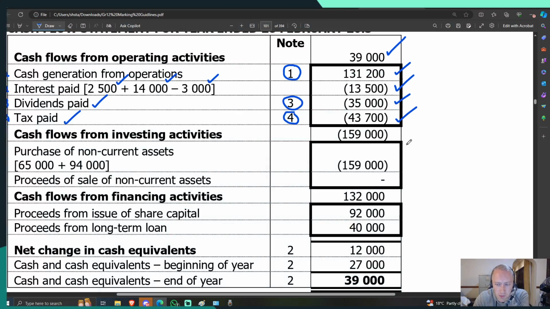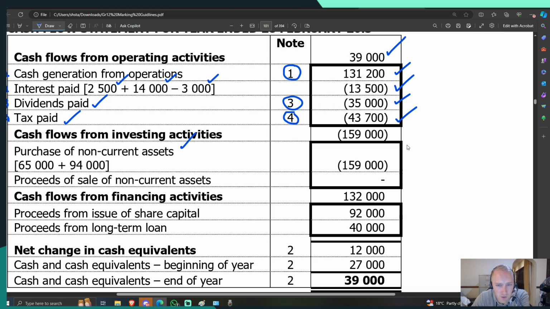Investing in a business means putting money into assets that will generate you an income. For example, if you are a trucking company, you will maybe buy more trucks, or maybe you'll sell some trucks, right? So there are three things you can have here. You can have a cash flow from the purchase of non-current assets.